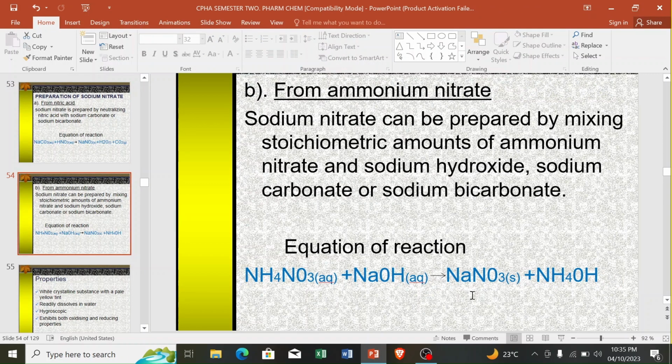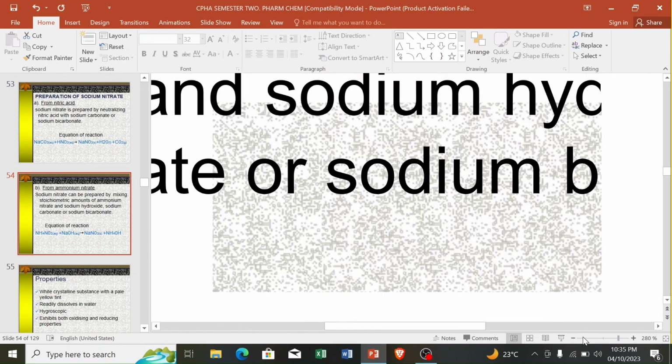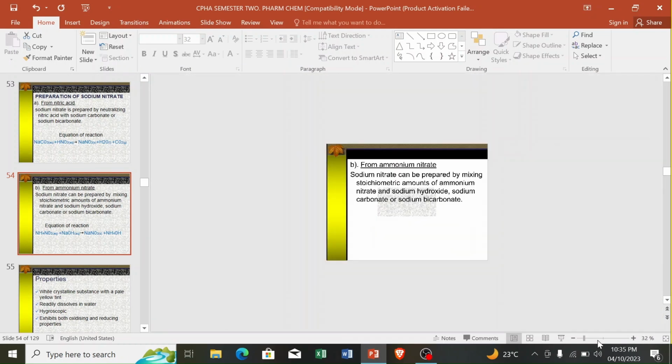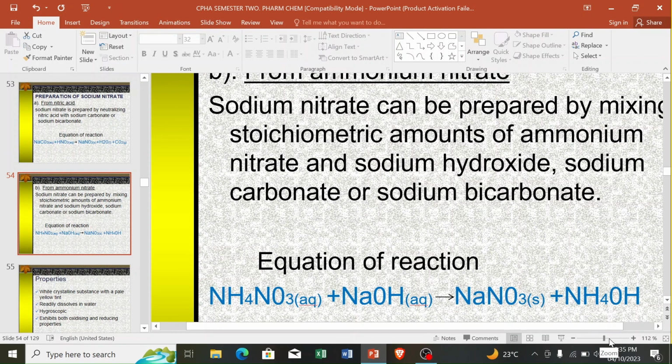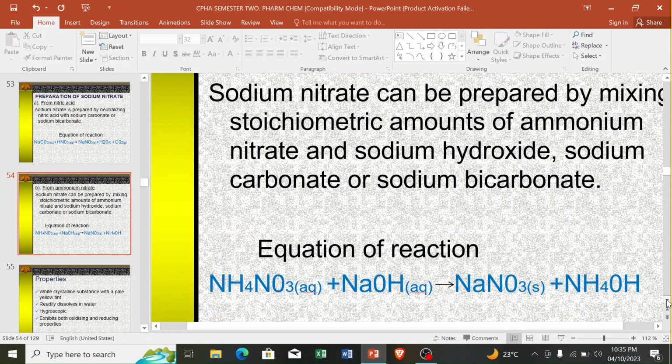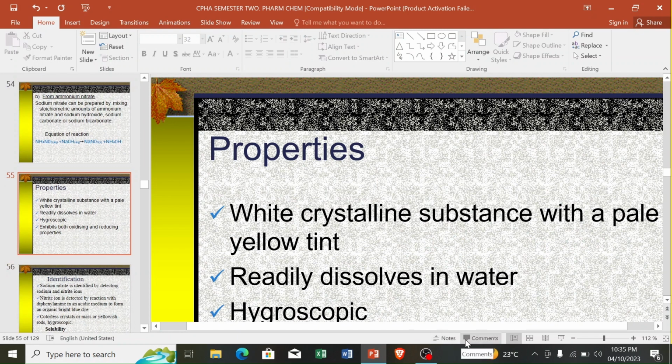So, the equation of reaction. Let me try to zoom it so that we can see it. Sorry, this much. This is so small. I don't know whether this is clear. Hope we can all see this.